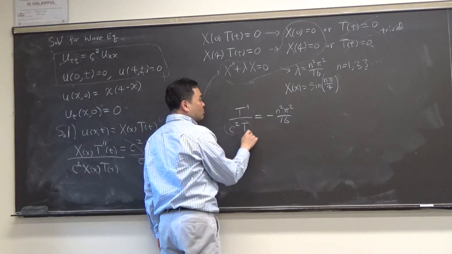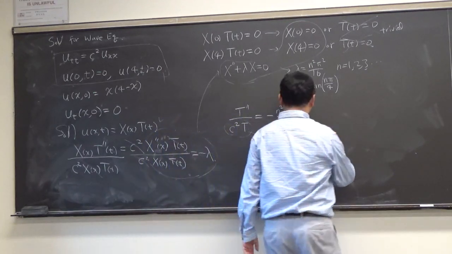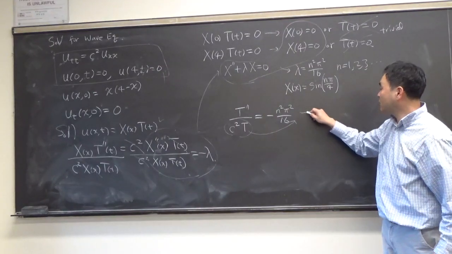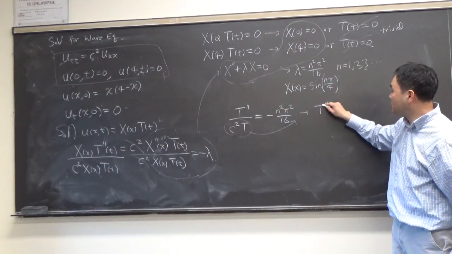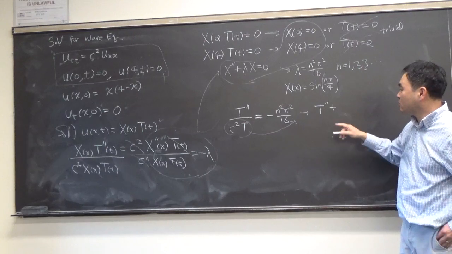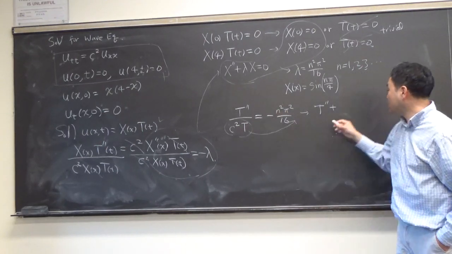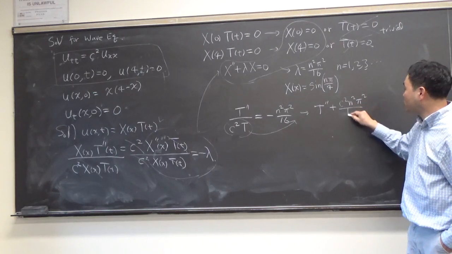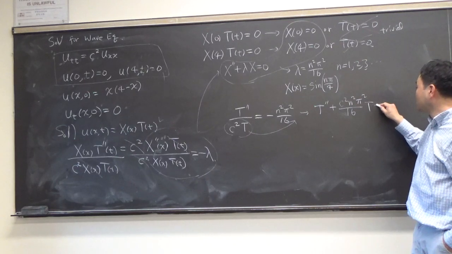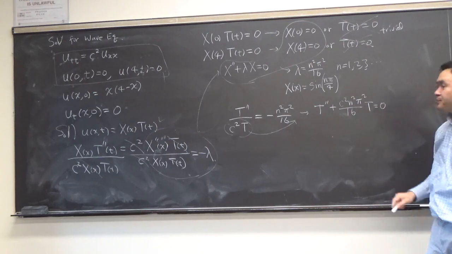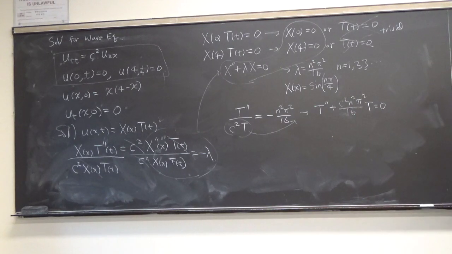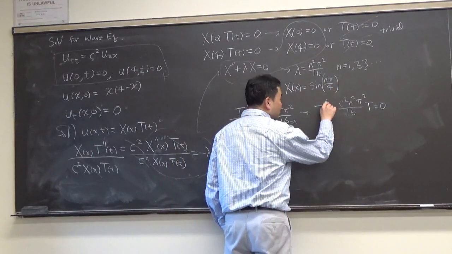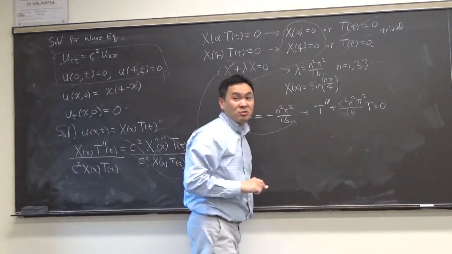If you move this to the other side and bring this entire thing to the left, c squared gets multiplied here, so T double prime plus c squared n squared pi squared over 16 T equals 0. So it's a second order differential equation with respect to t.